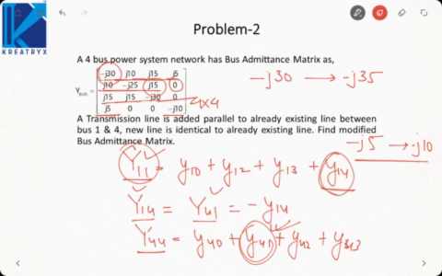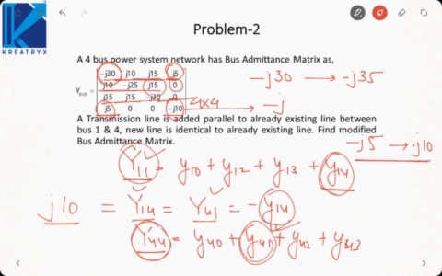And since y14 has become minus j10, y14 and y41 will become j10, that is the negative of the admittance. y44 will also be increased by a factor of minus j5. So this element here will become minus j15. So overall 4 corner elements are affected. First row first and fourth element, last row first and fourth element.